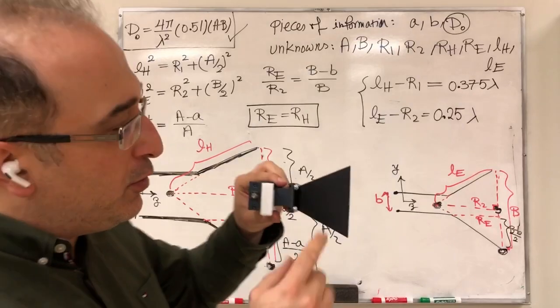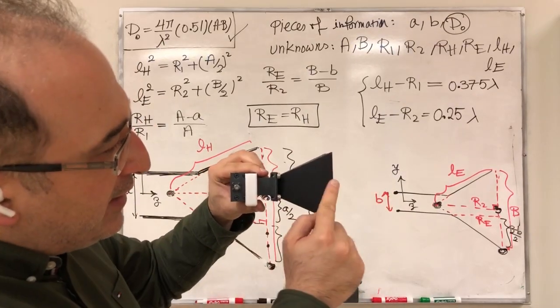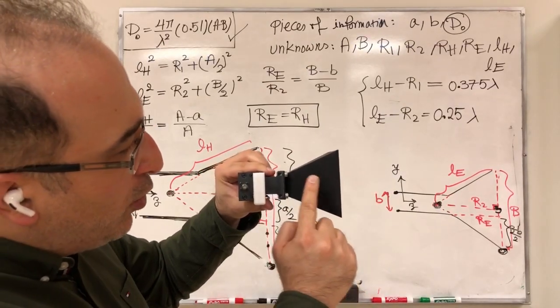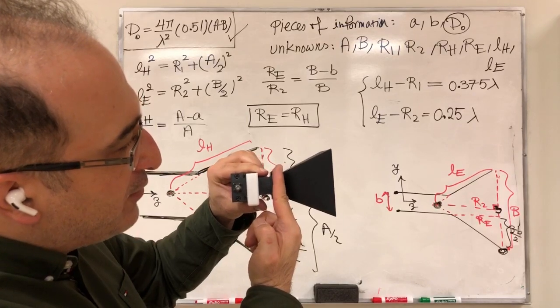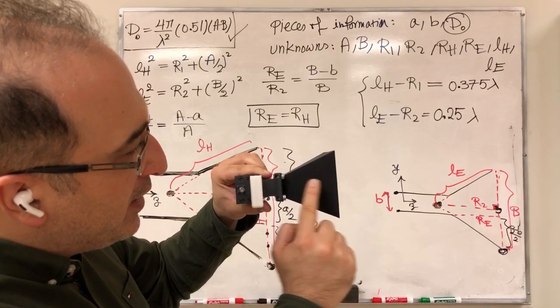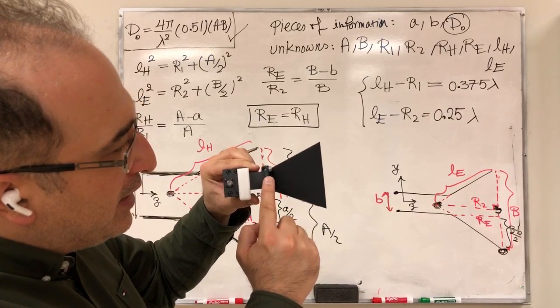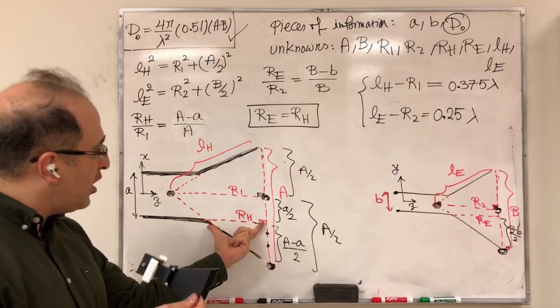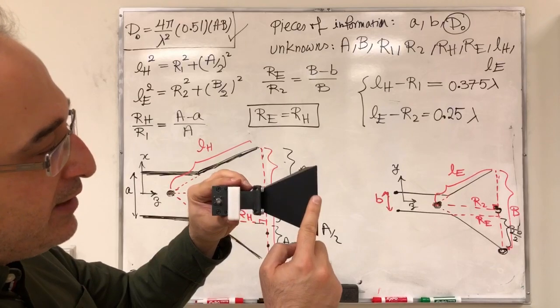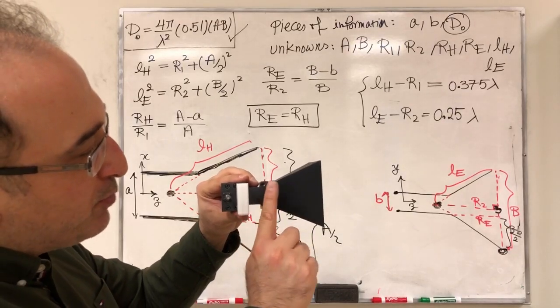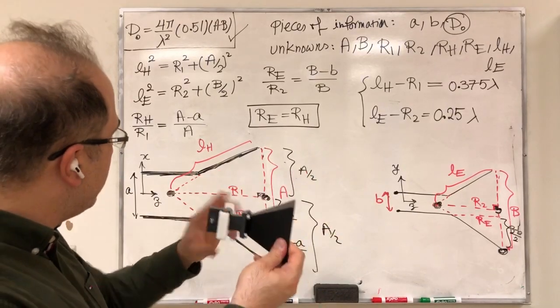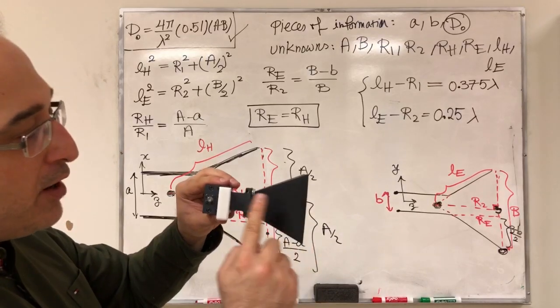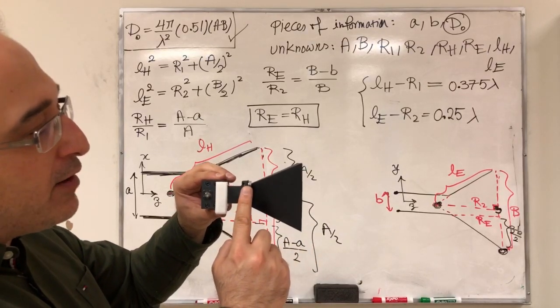So if you look at this side for now, the distance from here all the way to the point that the waveguide starts, from here to here, this is your RH. From here again, go up to this point that the waveguide flaring starts. So you have RH. Now, what is RE?